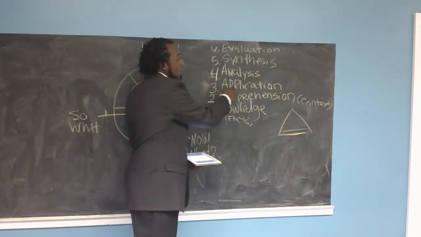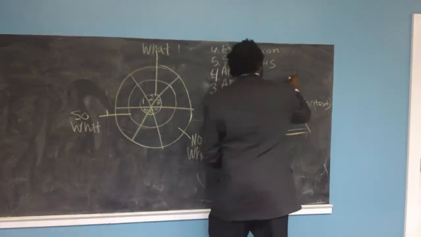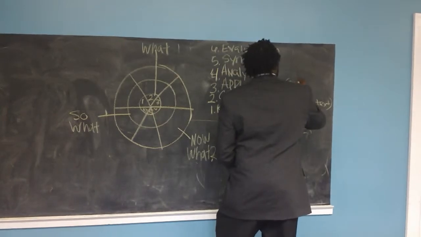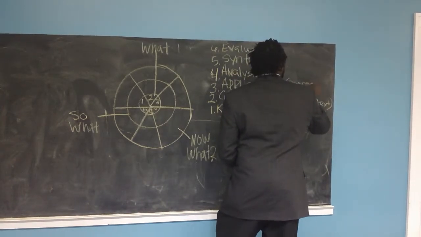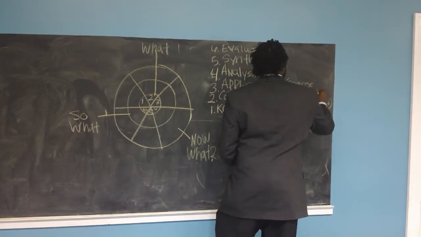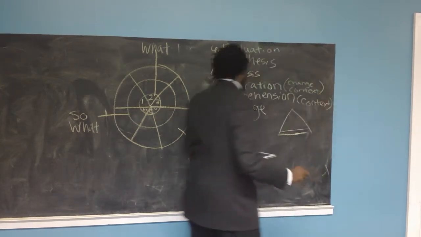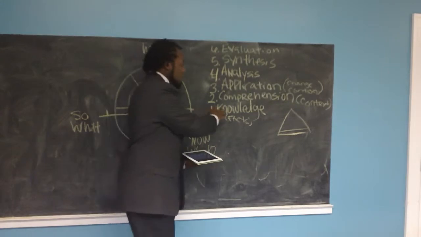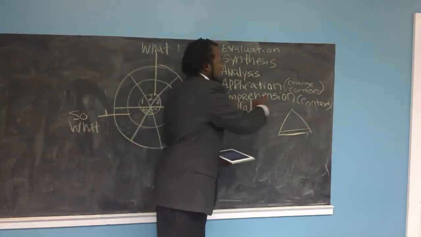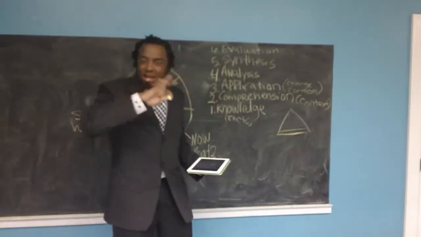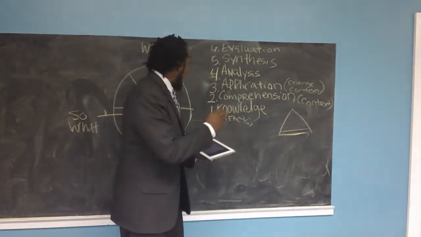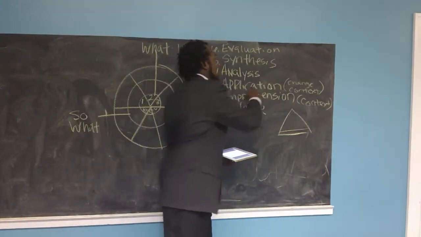And I guess we can talk about application as being a change in context. So when the context changes, how do you apply that? So knowledge is about facts. Comprehension is about context. You understand everything that goes along with that. Application is a change in context.